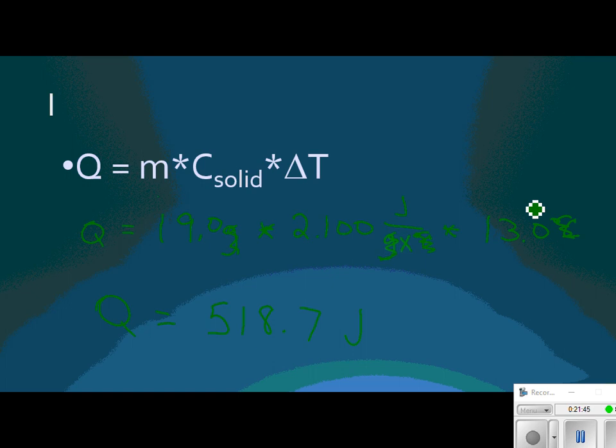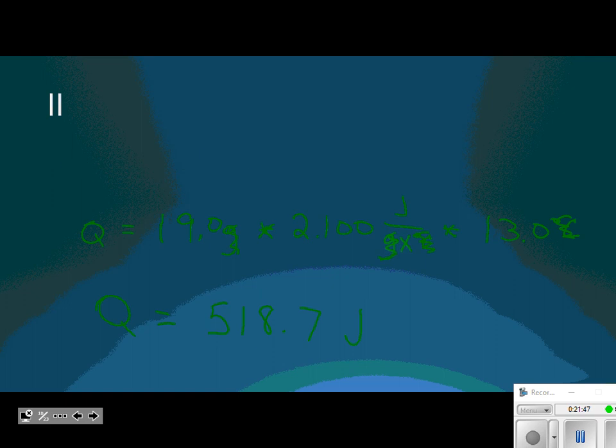Now, my next, area 2. Okay, I've just finished my area 1. I'm going to area 2. Now, area 2 is a plateau, right? It is a phase change. Does the temperature change on that plateau?